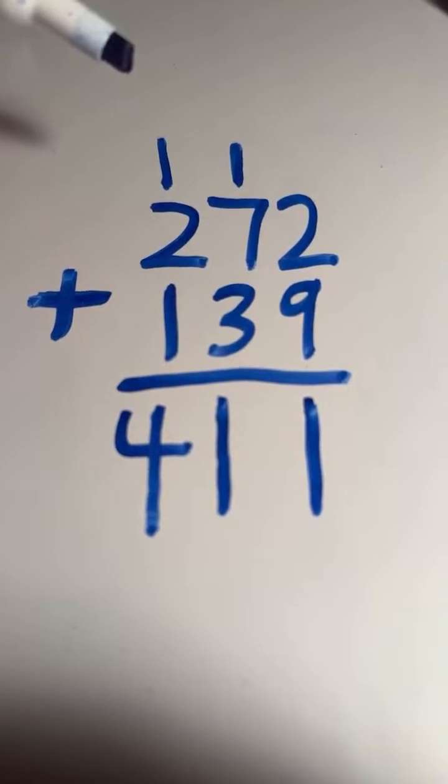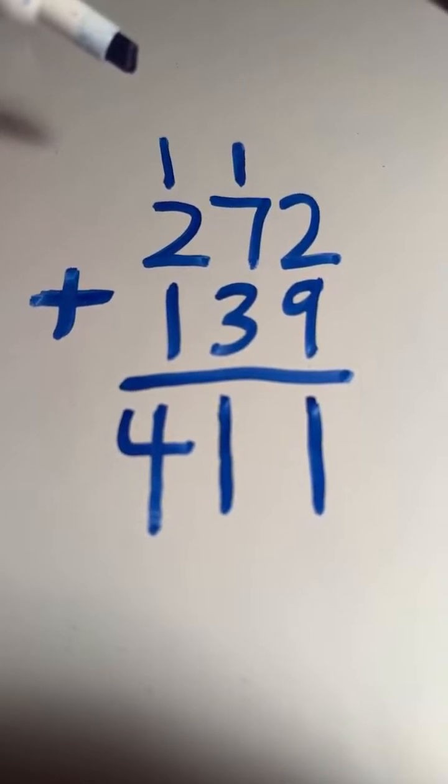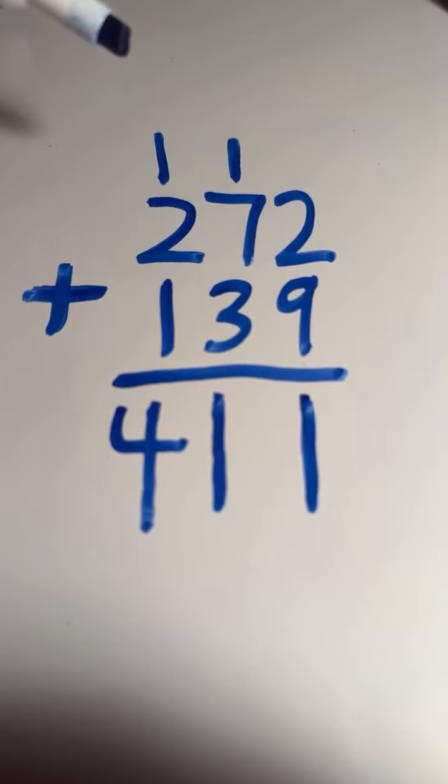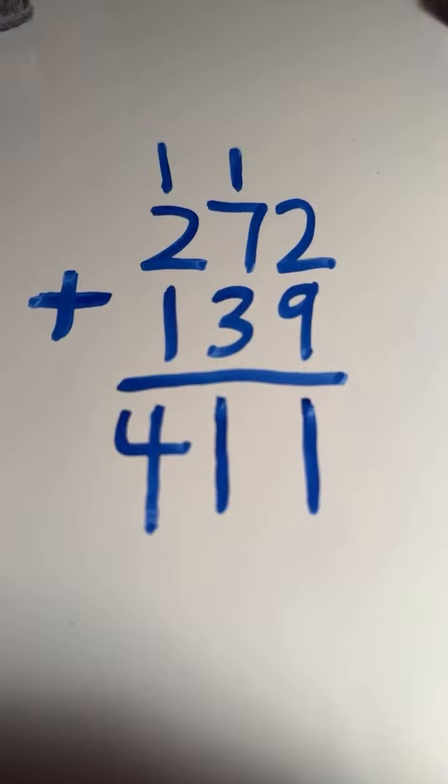And we have our final answer. 272 plus 139 equals 411. All right, next example.